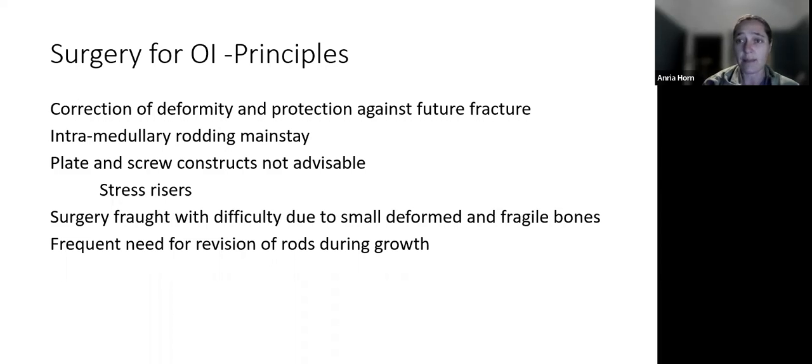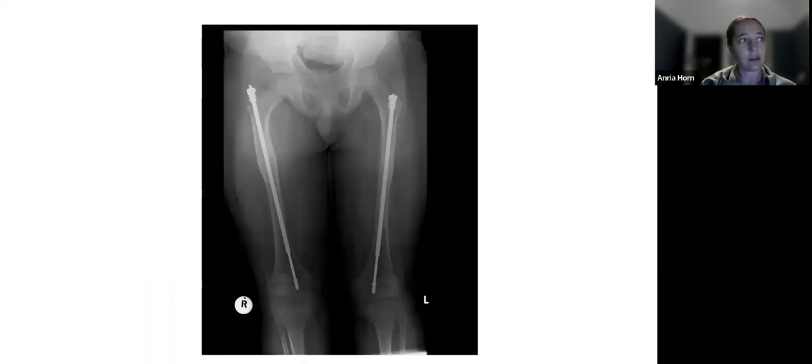They just crack. They bleed a lot because they have platelet dysfunction. And there's also a frequent need for revision of rods during growth. So even if you use the expanding rods, they often don't expand or bend or something. So these are just very difficult cases. This is just an example of a Fassier-Duval rod, which is the telescoping rod that we use for OI.